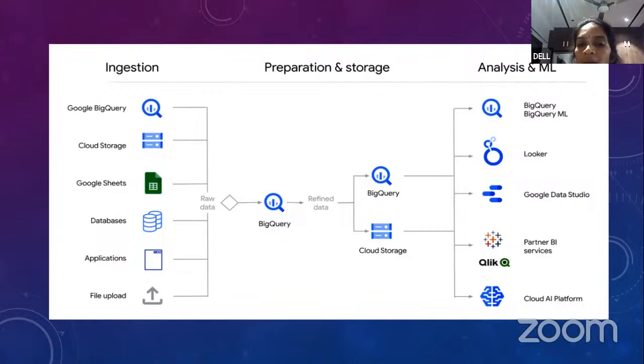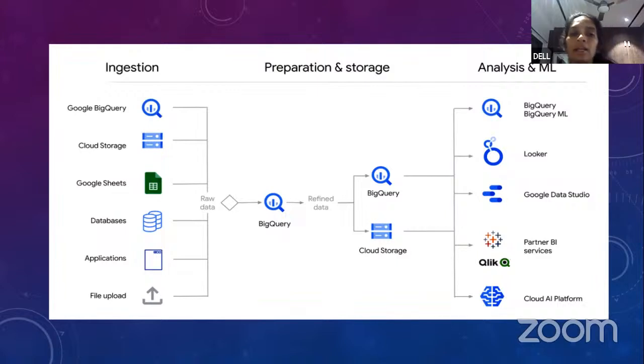Refining the data means that as per our requirement, we can modify the data. After that, we can load the already transformed, refined data again into BigQuery cloud storage. And finally, from BigQuery, we can load that data into the analysis part and ML part.